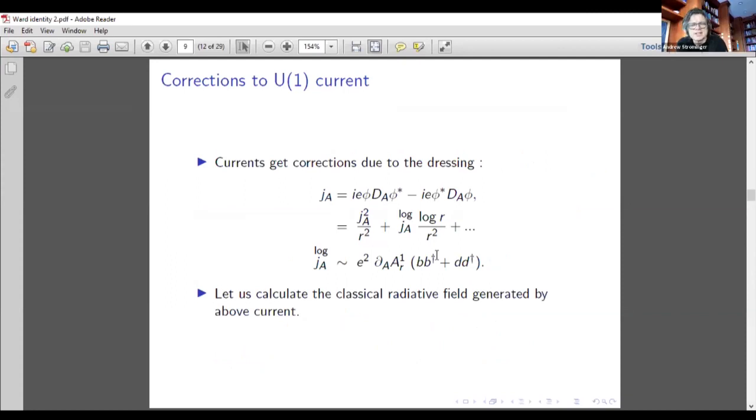Okay, and then I guess my last question is, if there's a log, what happens to the subleading soft theorem? If there's a log term. Yeah, so the usual omega to the power 0 mode, that term in the soft expansion that gets corrected at the loop level.